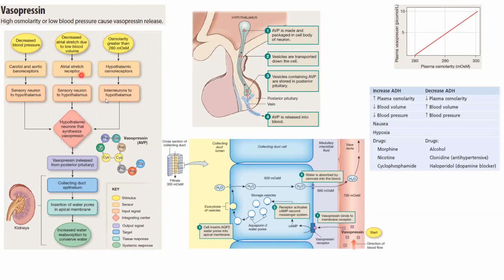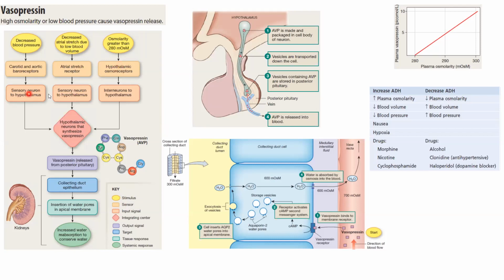Coming to this now. This is a nice schematic flowchart. Look at the key first. The yellow shape is the stimulus. This rectangle's color code may not be appreciated over YouTube, but these three boxes are the sensors.